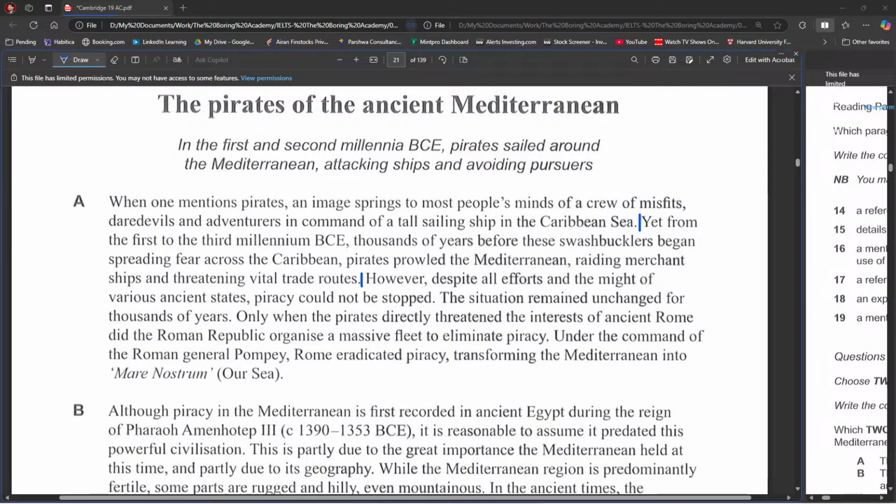Okay, eradicated means completely removed. So under the reign of the Roman general whose name was Pompey, Rome was able to eradicate piracy. That means they removed all the pirates and transformed the Mediterranean Sea, naming it Mare Nostrum. Did you understand the passage?